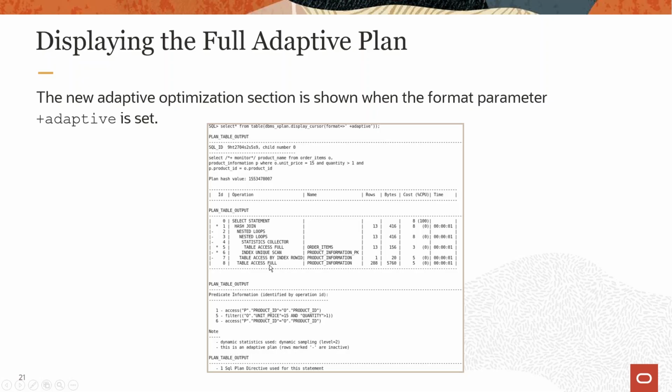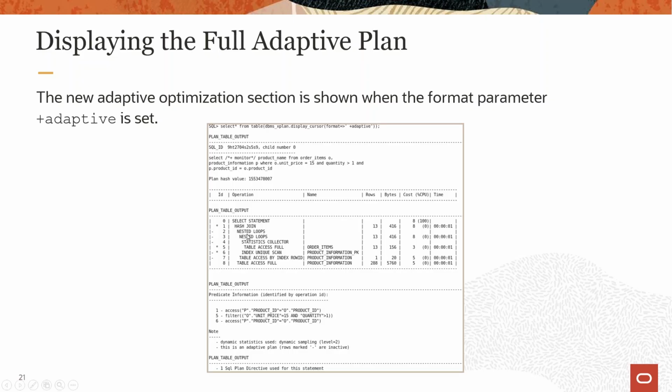Now, what you see is that it mentions inside the execution plan a so-called hash join as well as a nested loop. What you got is that this statement actually started out with a nested loop, but during execution it saw that the nested loop was really not the most efficient way, and it switched to a hash join.